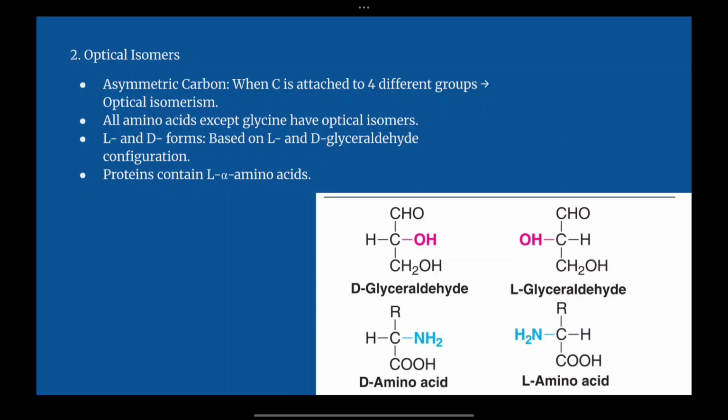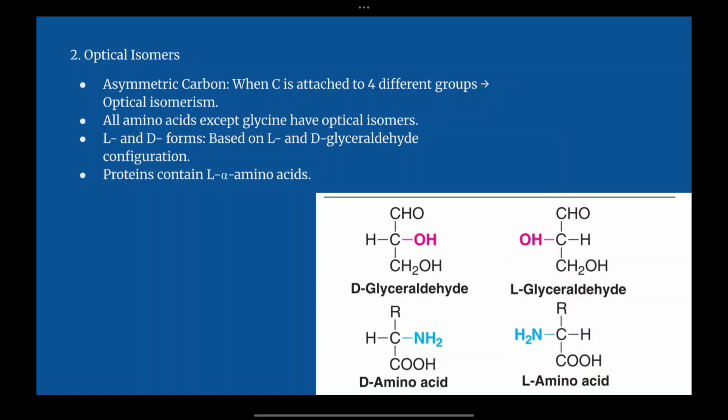All the amino acids except glycine have optical isomers. Optical meaning a mirror image of it can be seen. Isomers are similar carbon atoms with different arrangement of the other groups around the carbon atom.